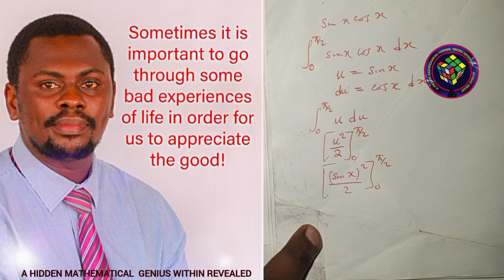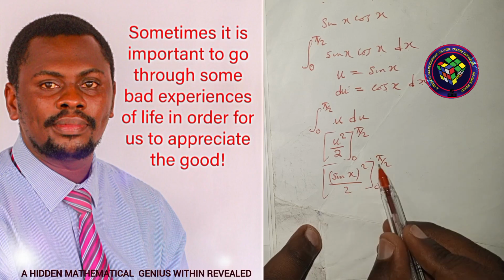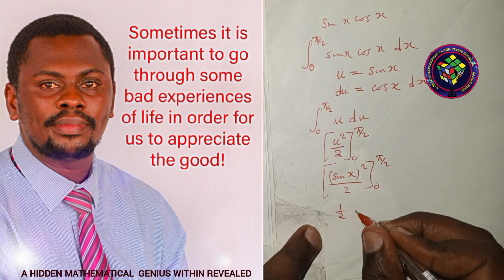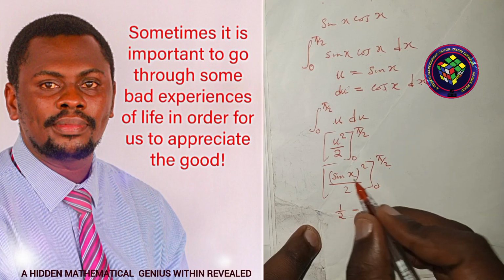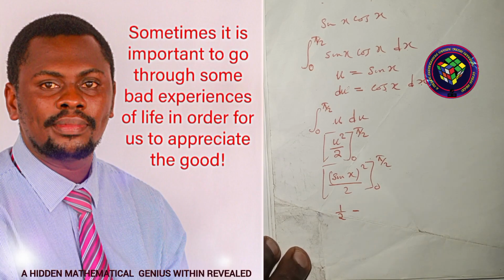The upper limit is pi over 2, and sine of pi over 2 is 1, and 1 squared is just 1, so we have 1 over 2 minus the lower limit. x is 0, so sine of 0 is 0, and 0 squared is 0, and 0 divided by 2 is 0.